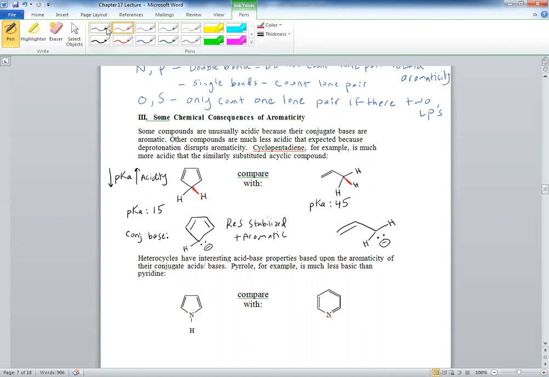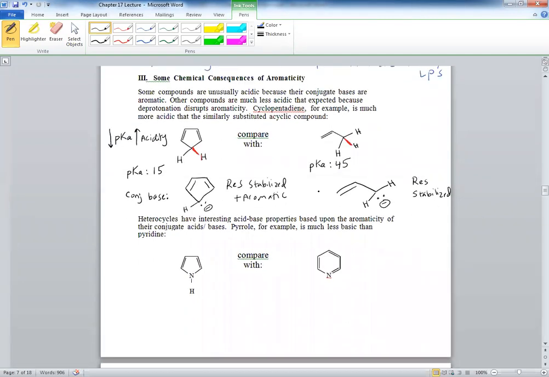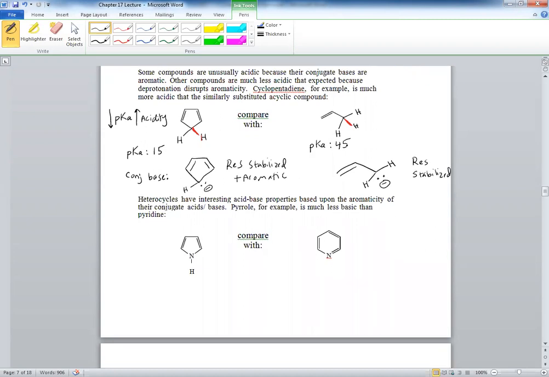This one is only resonance stabilized, but there's no aromatic character to it. So that's why this one is more stable, has a lower pKa than the one on the right. It can have a conjugation here, but it doesn't have aromaticity. Very well.